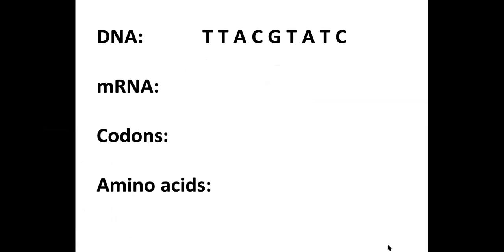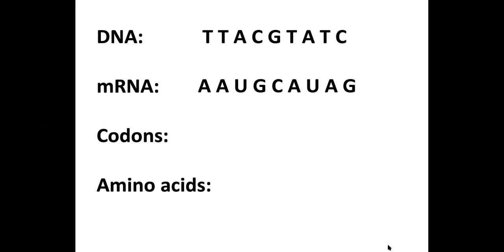All right, so let's try this. So we've got DNA. We have to transcribe it first because we need mRNA to find the amino acid, okay? So T is gonna go to what? Okay, so it's gonna look like this.